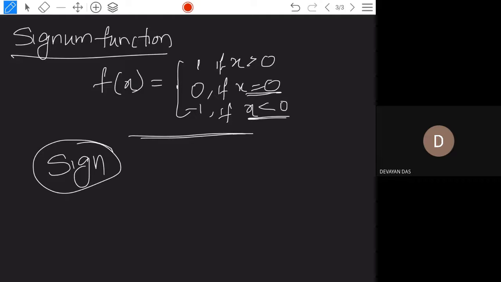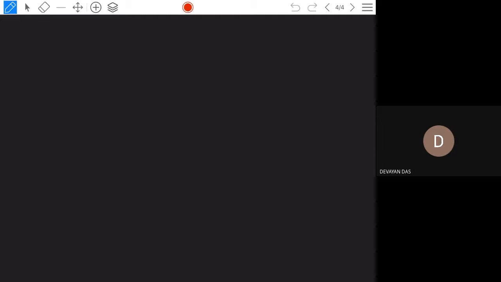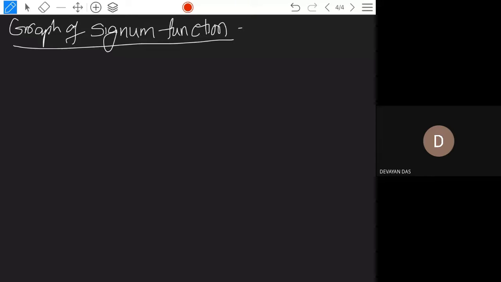Okay, and the graph of this function whenever you consider it.